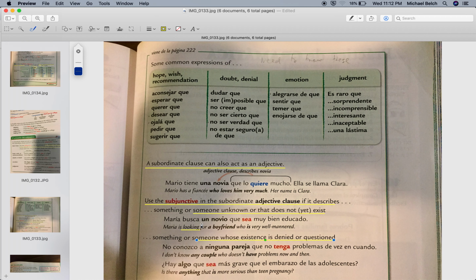Look how in both of these examples, we're looking for something or we're not sure about something. Okay, so even our verbs here will tip us off. Here's an example for something or someone whose existence is questioned. Okay, here it's denied. I don't know of anybody. Here it's questioned. ¿Hay algo que sea más grave que el embarazo de las adolescentes?